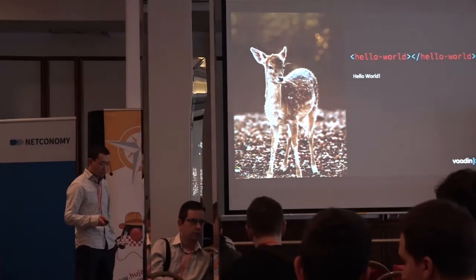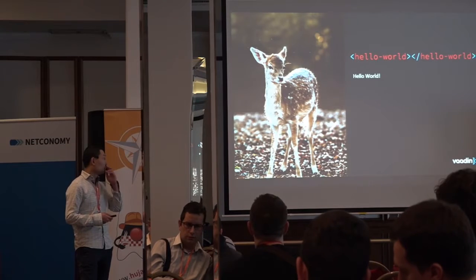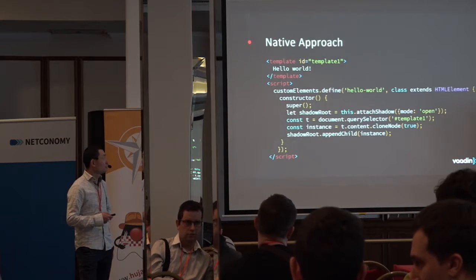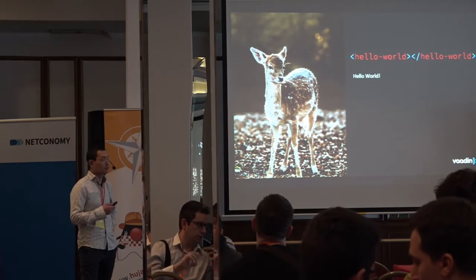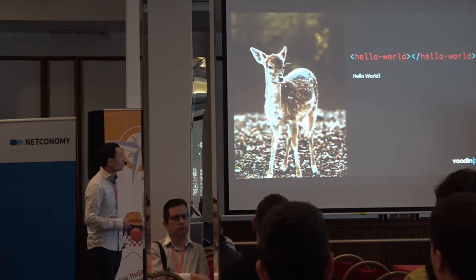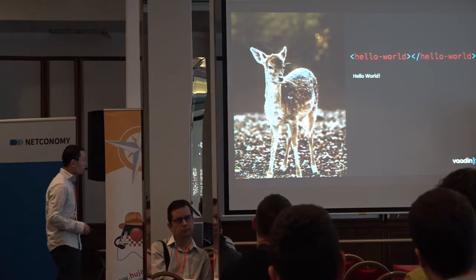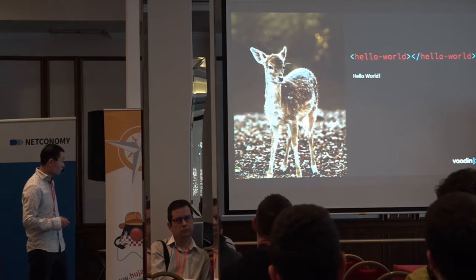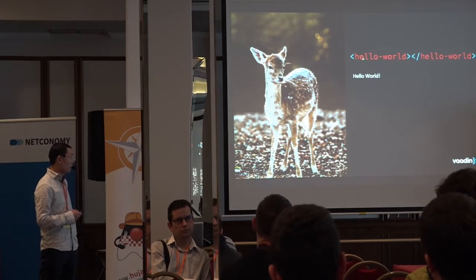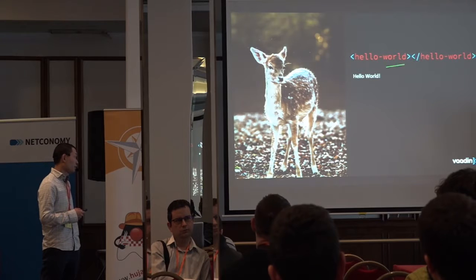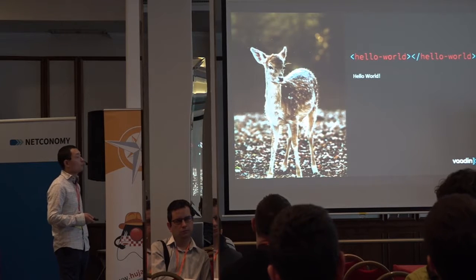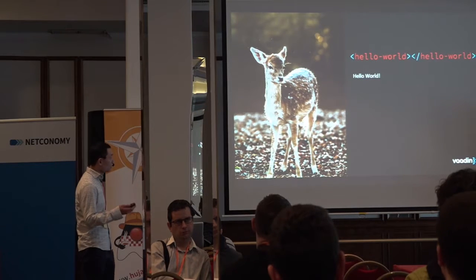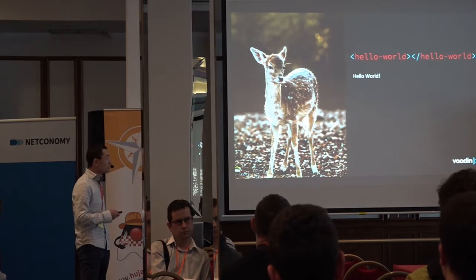For example, let's start with this hello world component. Basically, every application would start with this simple hello world concept to introduce a new thing. So let's say we want to have this hello world tag here, and the only thing it does is print out this hello world text. How can we create this web component?